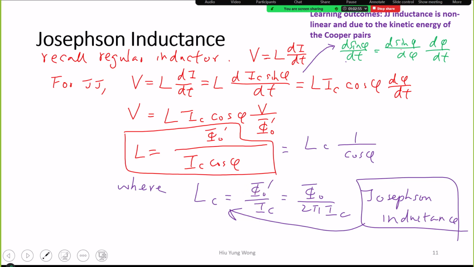And second, which is even more important, this is the constant, but the total inductance is this constant divided by cosine phi. So it depends on phi, so it is nonlinear. Later we'll look at that. Because of this nonlinearity, we can use it as a qubit, but we are not there yet. Any questions?